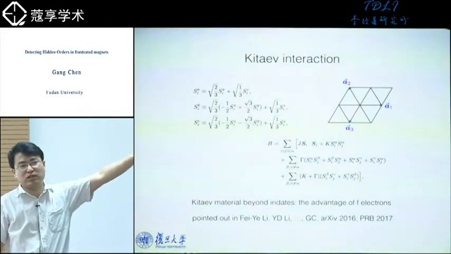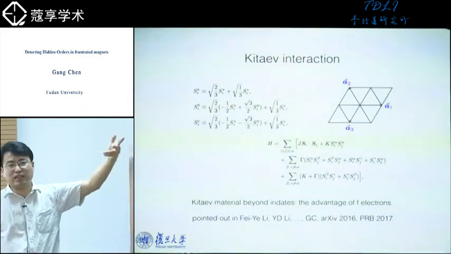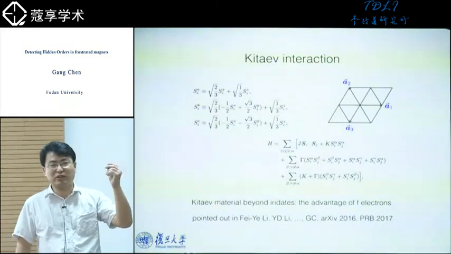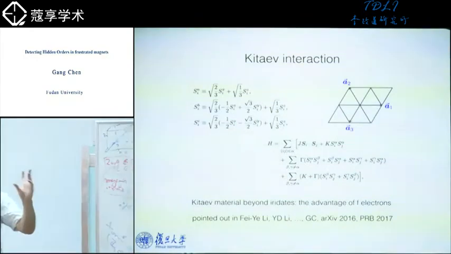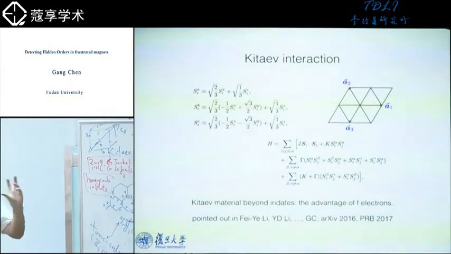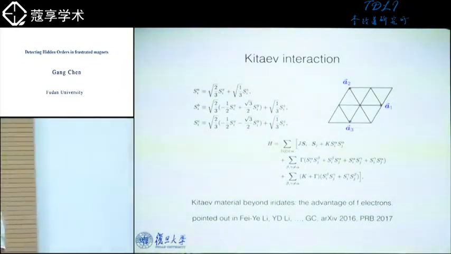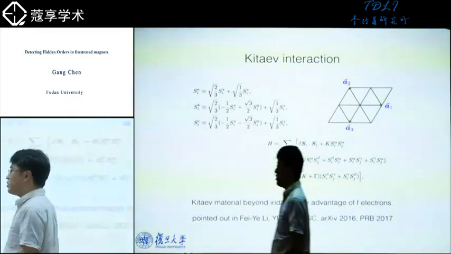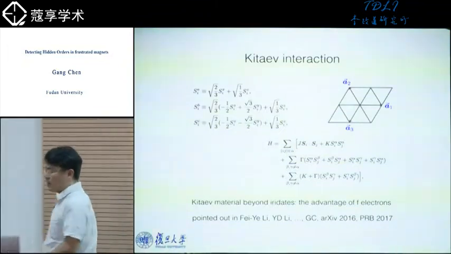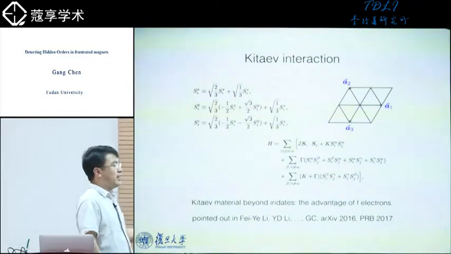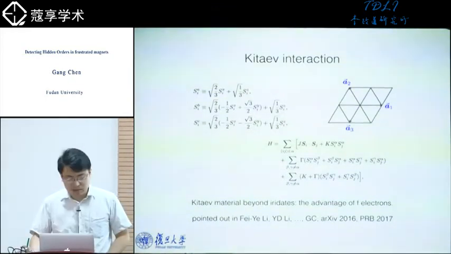When you rotate the lattice, at the same time you are rotating the spin in a reverse fashion. This is what we learn in quantum mechanics: spin is a pseudovector. So that's the key reason why a spin-orbit coupled Mott insulator with threefold rotation can fundamentally have a K-type term.